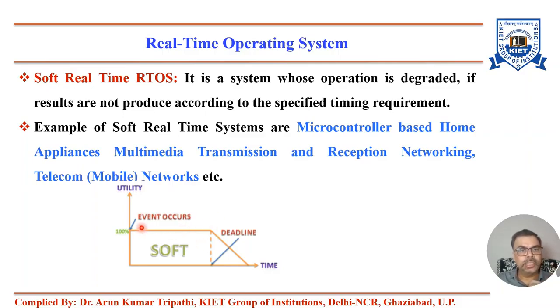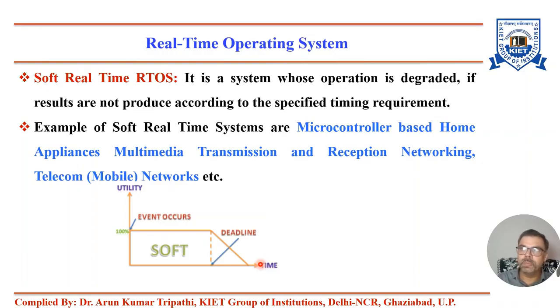Here you can see in the diagram, although the deadline was this one, the task was completed after a certain interval of time, so it is manageable. There is no harm in such types of systems.